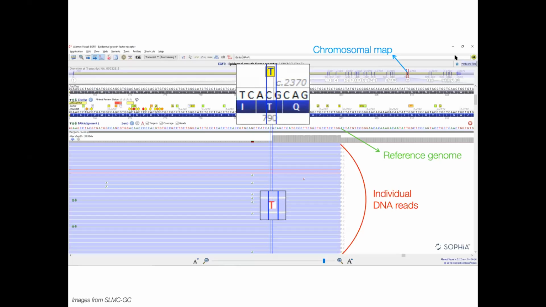You can see in the software the chromosomal map, the reference genome, and the individual reads and their corresponding depth of coverage. So the T790M mutation is located in exon 20 of the EGFR gene at position 2369. There is a base change from C to T, which results in a threonine to methionine substitution at codon 790.